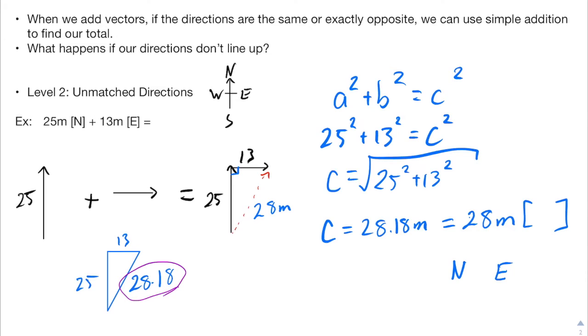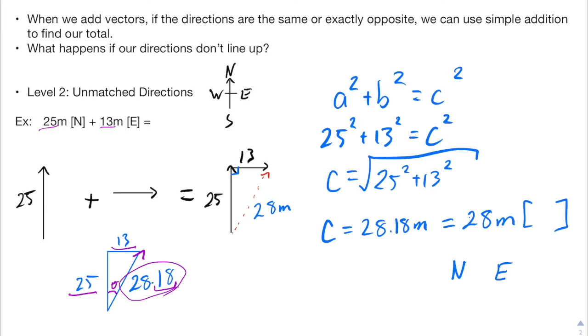If we use 28 in our steps, we will be losing this 0.18, and our answer will be slightly different. Here, we should stick with 25 and 13, because these are directly from the question and they are perfect numbers. We want to find this angle because our arrow is moving towards the northeast, and this angle is at our base. You always want to find the angle that is at the base of your resultant vector.